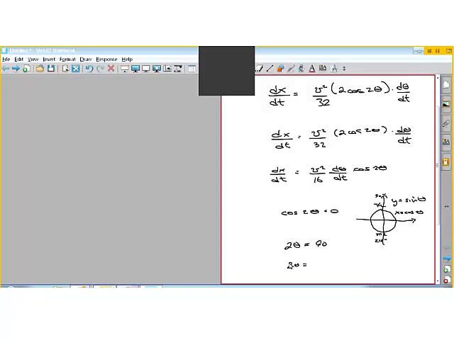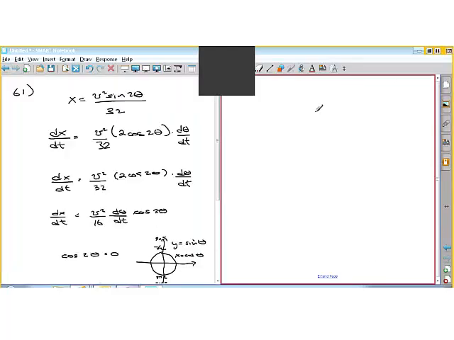Well, actually, the other solution is 2 theta equals 270 degrees. So the actual values of theta, you divide by 2, so you get 45 degrees and 135 degrees. So it turns out that dx/dt is actually 0 when the angle is equal to 45 or 135 degrees.